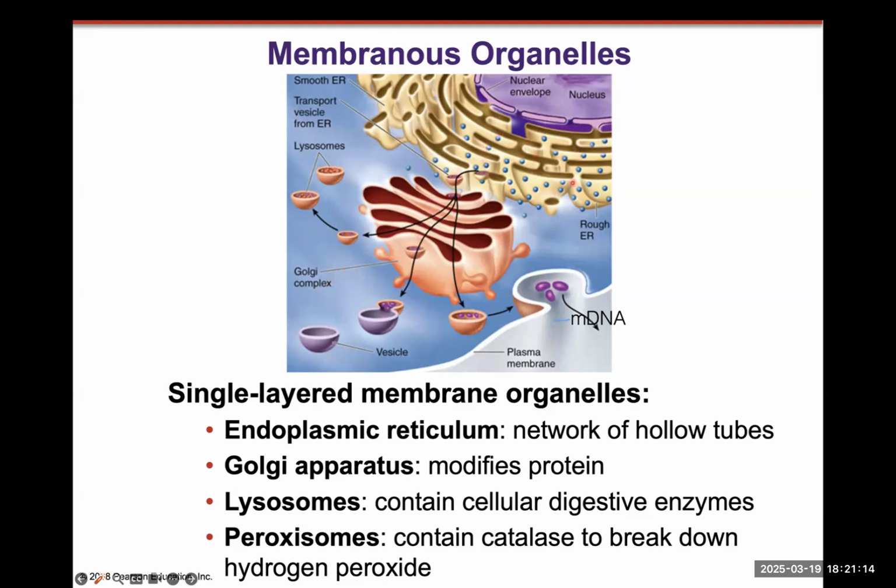So you have your smooth endoplasmic reticulum on this side and your rough here. There are no ribosomes on this, and there are ribosomes on this part of the ER. So this is rough and this is smooth, and then you have more folds that look like stacks, and this is the Golgi complex or Golgi apparatus.